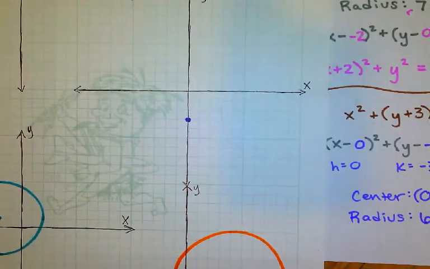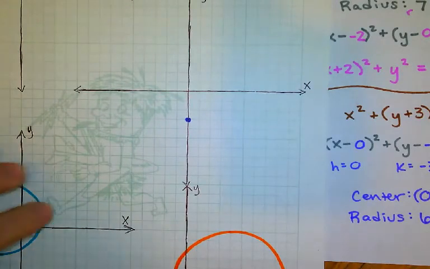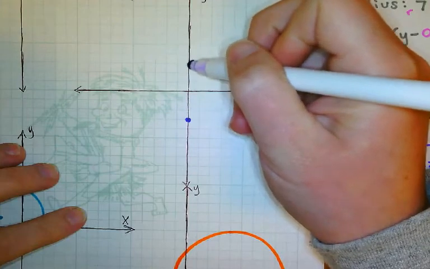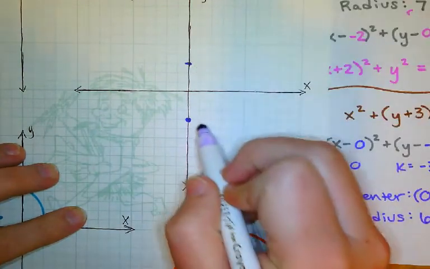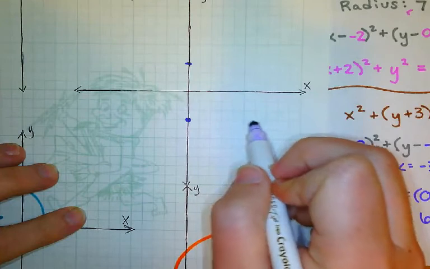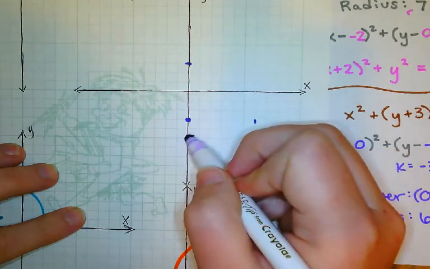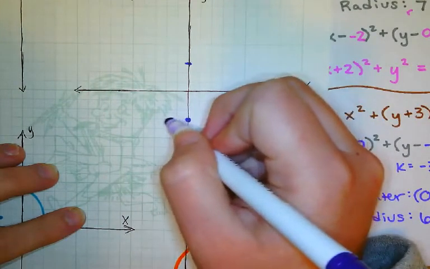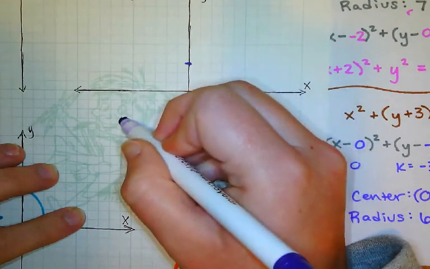And then I'm going to count up, down, left, right, 6 units each direction. So up 1, 2, 3, 4, 5, 6. Then down, left, and right the same way.